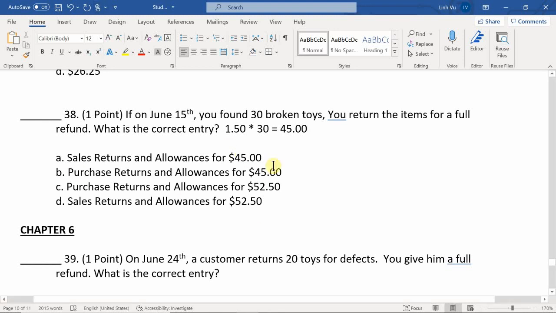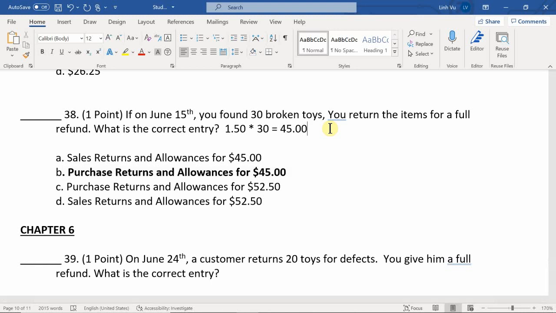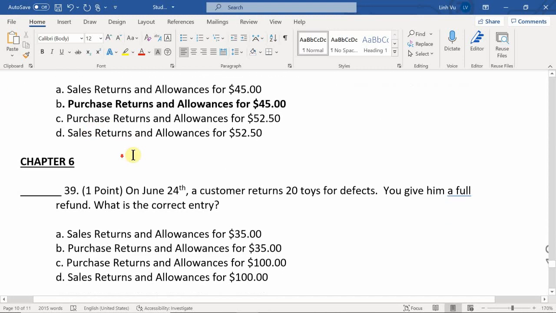B is correct. I've also included what the total amount would be if you included the freight. If you did $175 instead of $150, you would have gotten $52.50. B is correct because we're not dealing with customers, we're dealing with the vendor. We purchased the toys from the vendor, so therefore it's a purchase returns and allowances. Good. Okay.